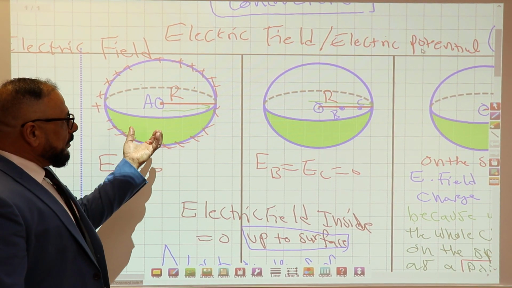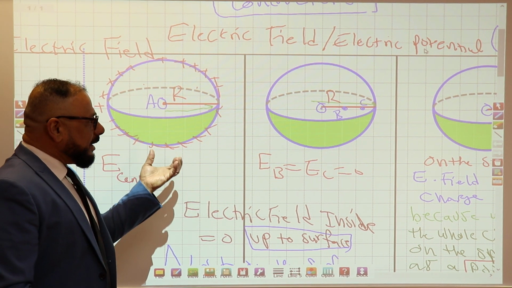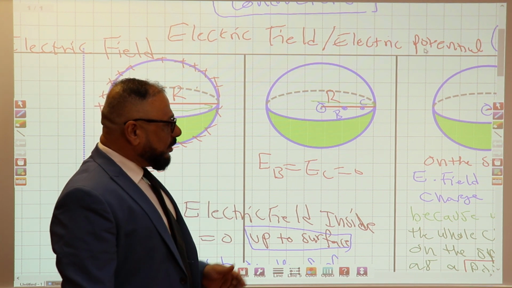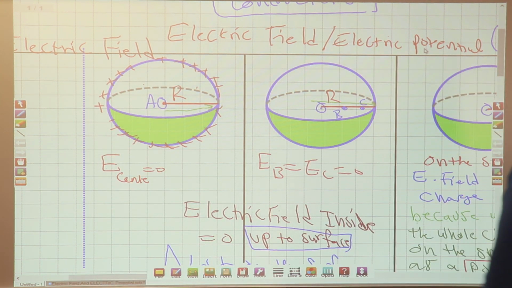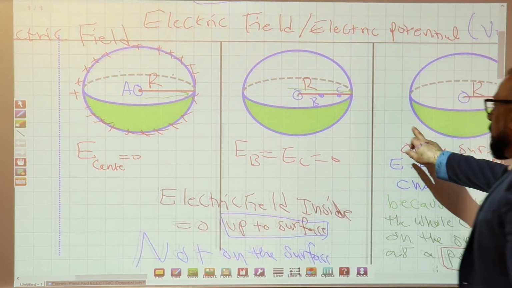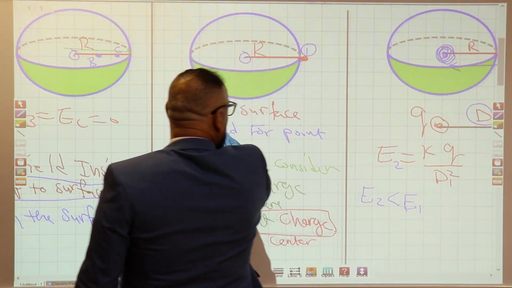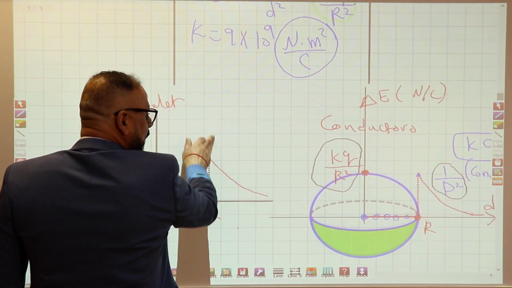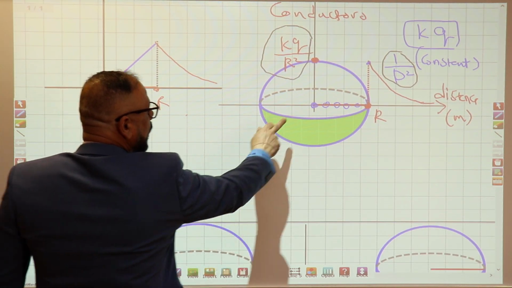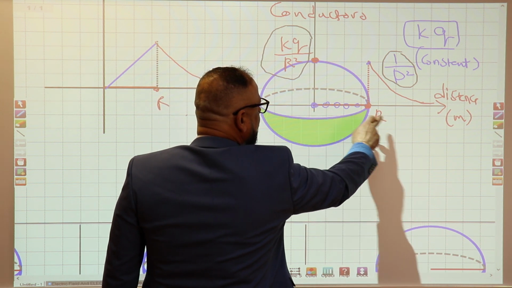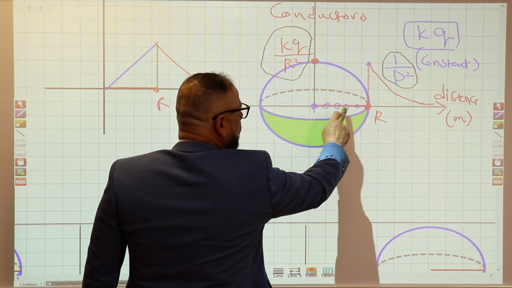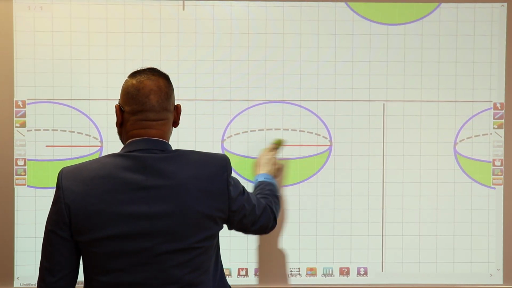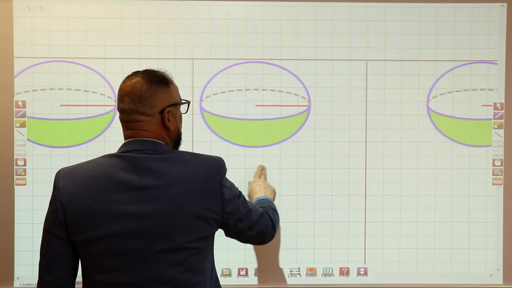Because of that, we have no electric field inside the conductors. We found that the electric field graph, between the electric field and the distance from the center, is 0 and then drops in this way. Today our class will be about voltage and electric potential.